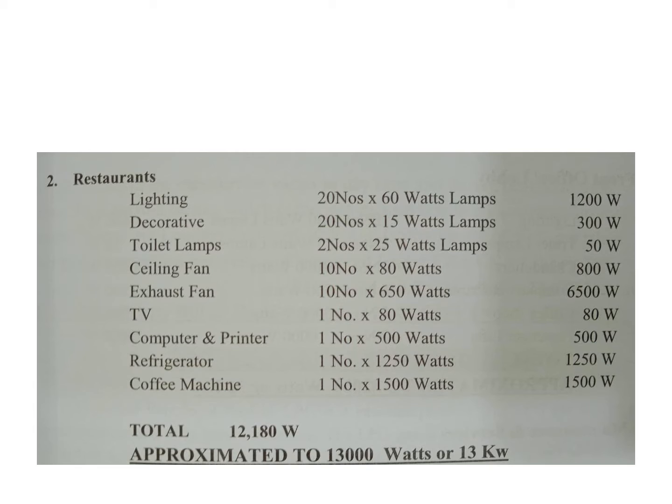So, air conditioning or the heating system, depending on which part of the world you are. Totally, you have roughly about a 12 kilowatt connection. So 12 to 13 kilowatts is what you're looking at for a given restaurant, right? It's a sum of all of these different things: coffee machine, refrigerator, computers, lighting, fans and so on, everything together makes it 13 kilowatts.